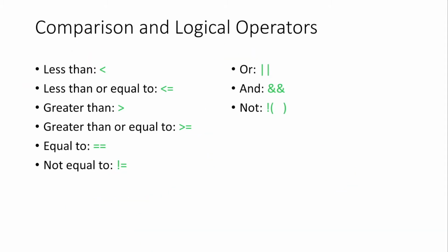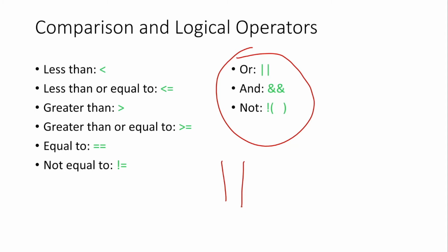Now, let's talk about the logical operators. These include and, or, and not. Obviously, there are a couple more that are kind of like this, but these are the only ones that we will need, and they're pretty widely used. If you want to say if this is true or this is true, meaning that it will reply true if at least one of the conditions is true, then you do 2 vertical lines.